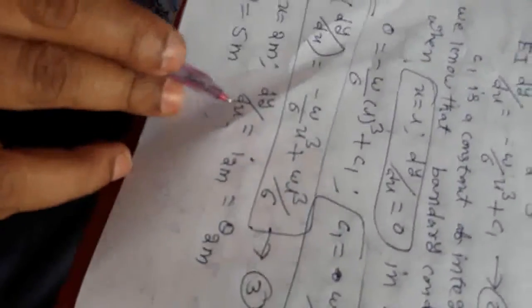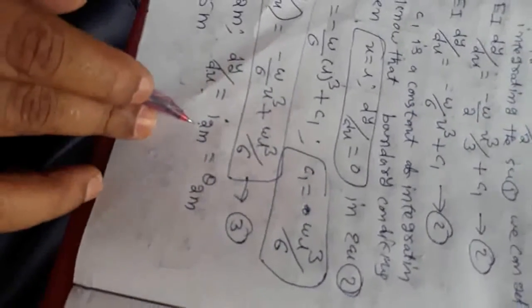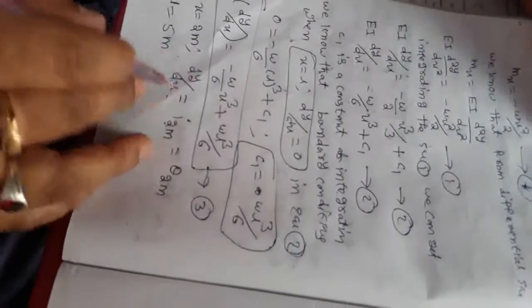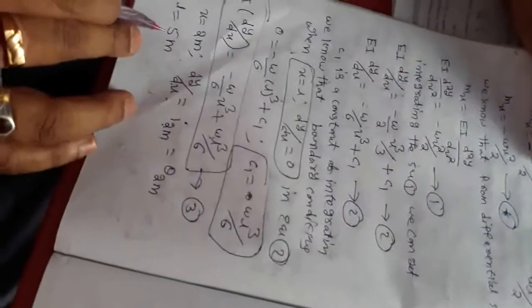Next, EI dy by dx is nothing but theta at 2 meters or I at 2 meters. So I can use this value, I at 2 meters. This is the equation: minus w by 6 into x, that is 2 meters, cubed, plus w into L, that is 5 meters, the span length, cubed, by 6.